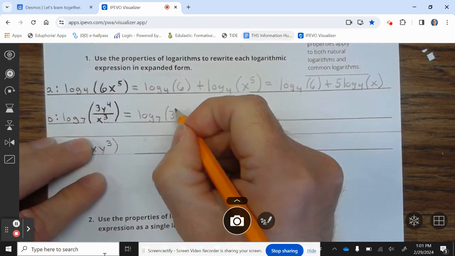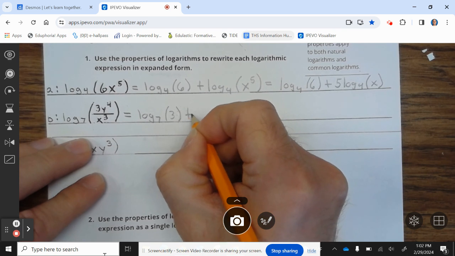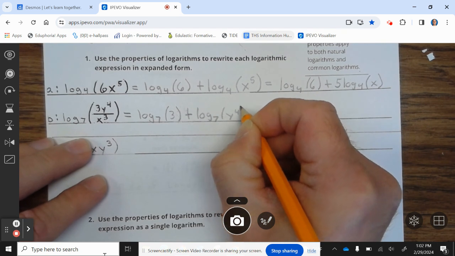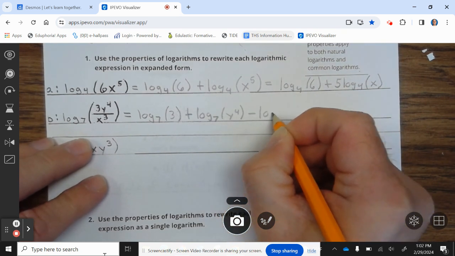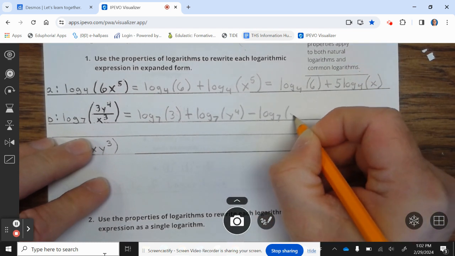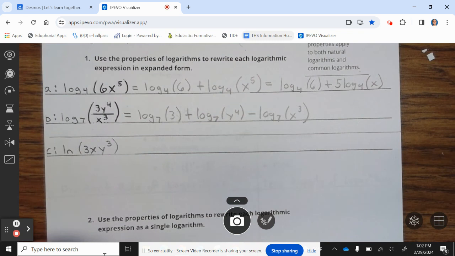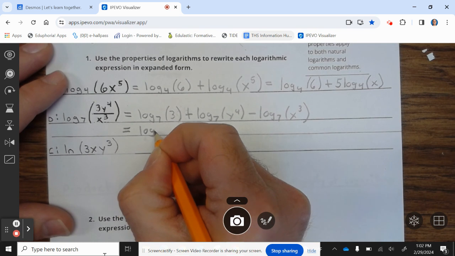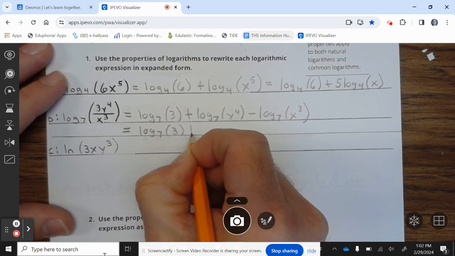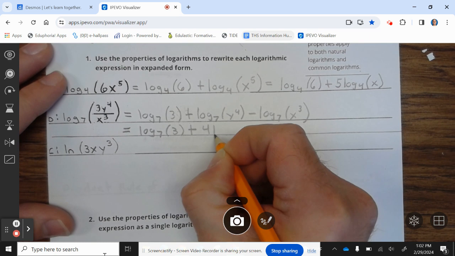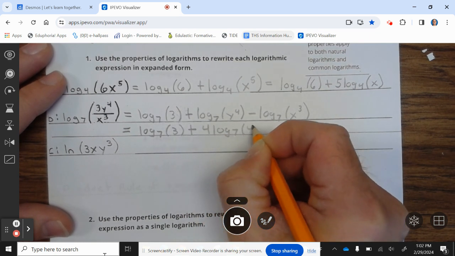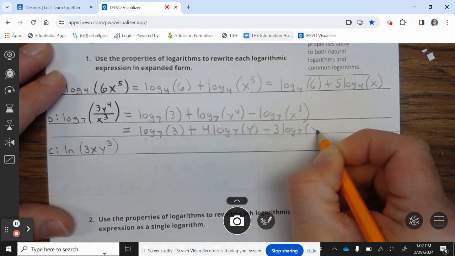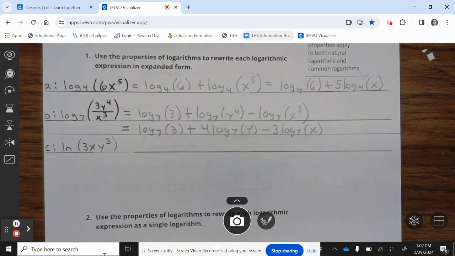Log base 7 of 3 plus log base 7 of y to the 4th minus log base 7 of x cubed, which equals log base 7 of 3 plus 4 times log base 7 of y minus 3 times log base 7 of x. All right, go ahead and finish it up.